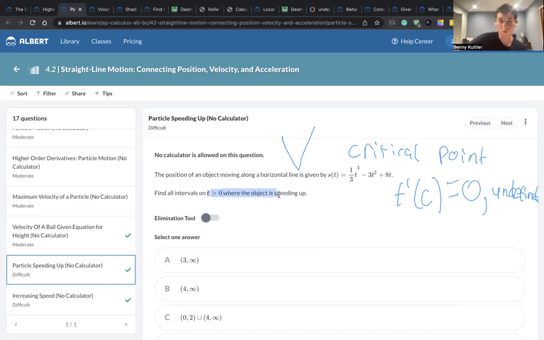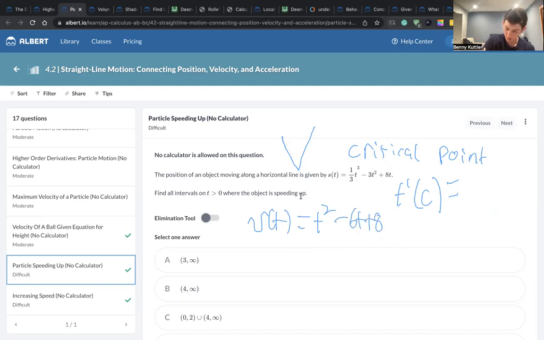To find the intervals where something is speeding up, we're going to have to use these critical points. To find if the velocity is positive or negative, so if it's going forwards or backwards, we're going to have to take the derivative of this to find the velocity function. Using the power rule, we have v of t equals t squared minus 6t plus 8.